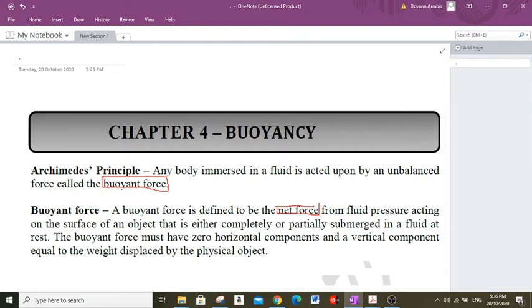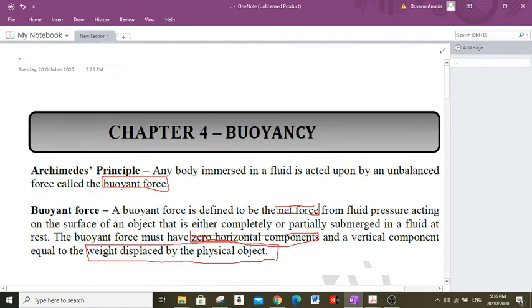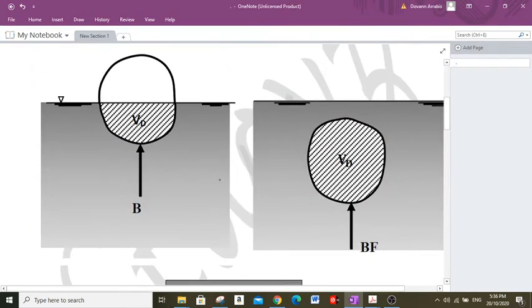Since fluid mechanics is dealing with fluid at rest, the buoyant force must have zero horizontal component, and a vertical component equal to the weight of fluid displaced by the object.